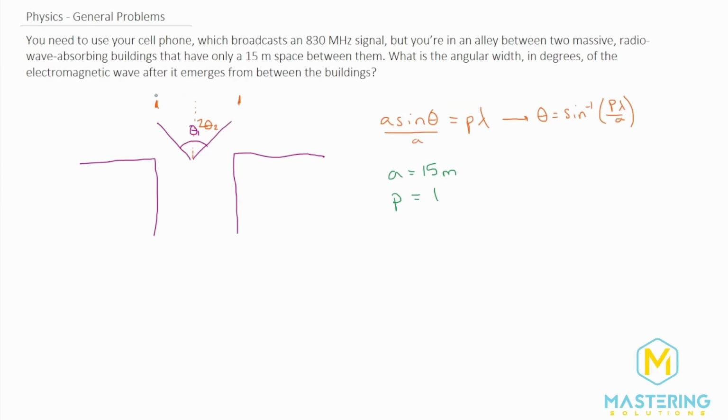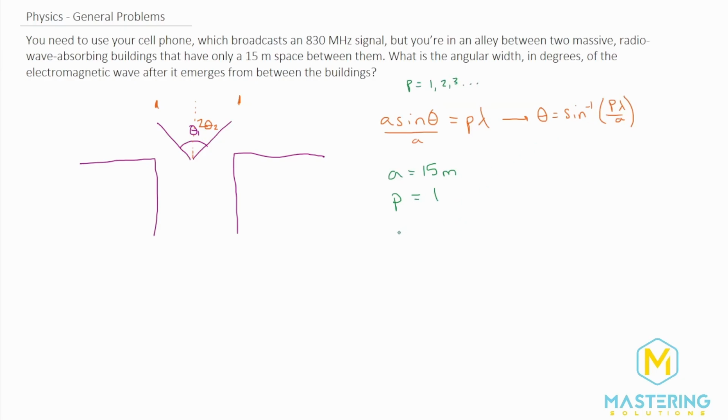So we're basically finding the width of the central bright max. And to do that, if we find the angle out to the first minima, well, by definition, the space between those two minima is the width of the wave. So that's why we're using p of 1. For this single slit equation, p can be whole integers starting at 1, 2, 3, etc.